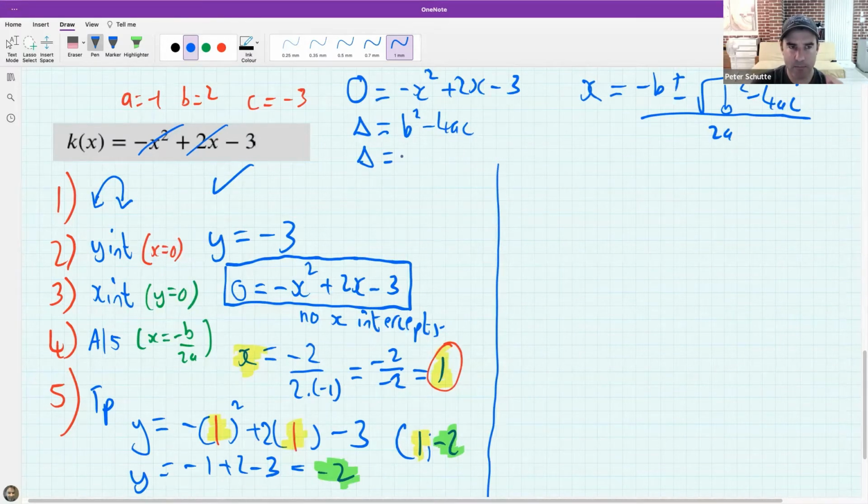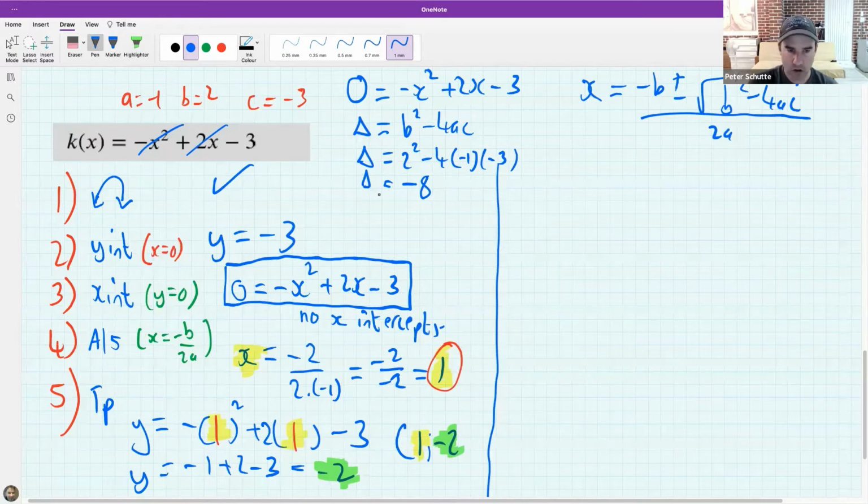So let's see what I get. B is 2, so I get 2 squared minus 4 times minus 1 times minus 3, which is 4 minus 12. Guys, I get delta is minus 8. If delta is negative, you cannot solve this equation.